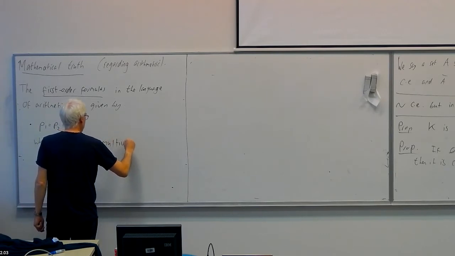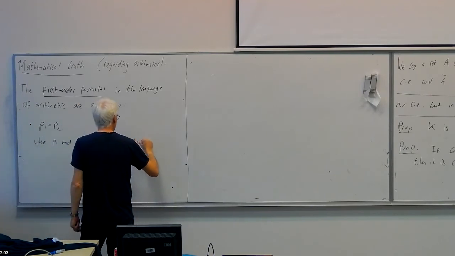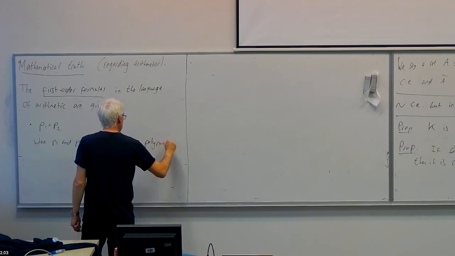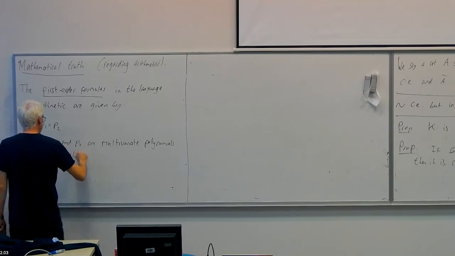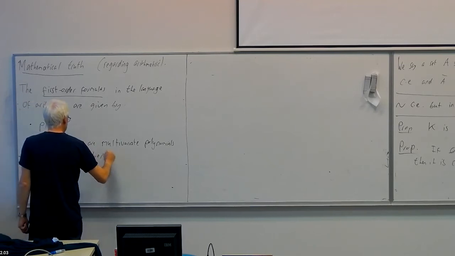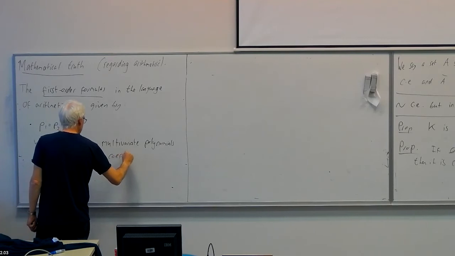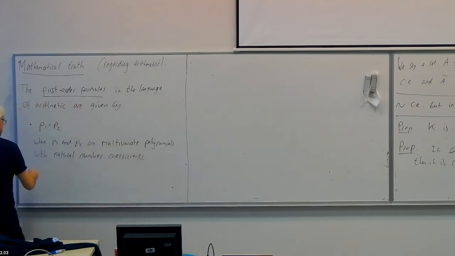So multivariate means it may have any finite number of variables. Multivariate polynomials with natural number coefficients. So that's one class of first order formulas.